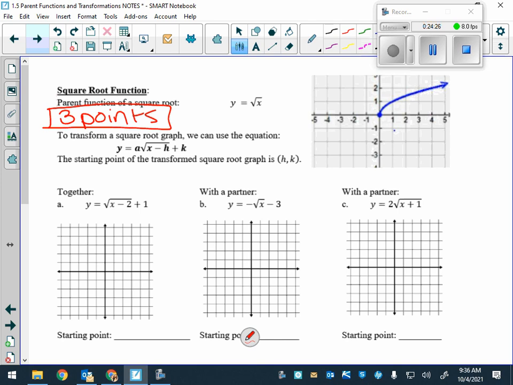You could do 0, 1, 4, 9, 16, so on and so forth. Okay? The HK is our starting point. So if you notice, HK means something in all of these functions. Either vertex, starting point, inflection point. HK is our starting point.